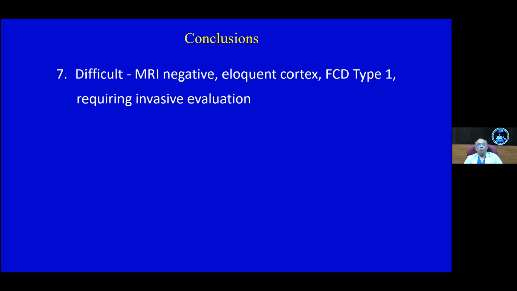And there are difficult cases like MR negative lesions, lesions extending to the eloquent cortex, type 1 FCD, and those requiring invasive evaluation. These are all negative prognostic factors which will help us in planning and counseling also.